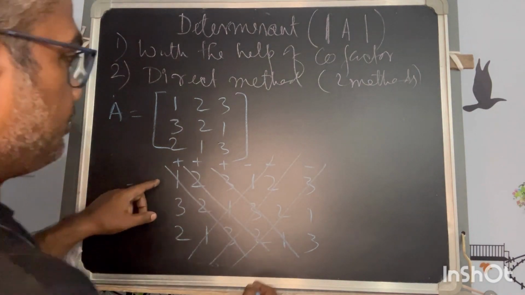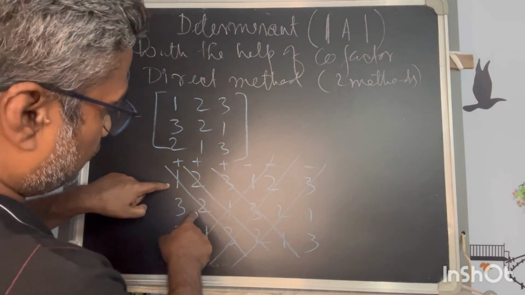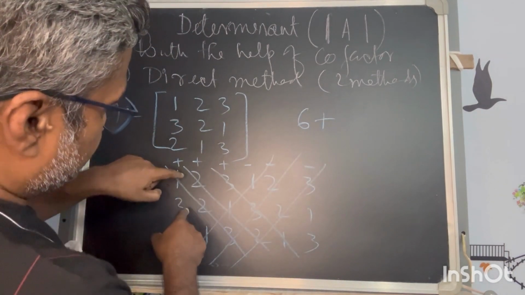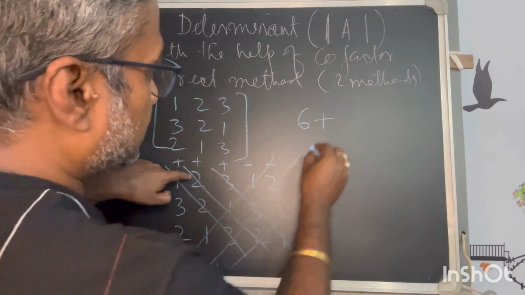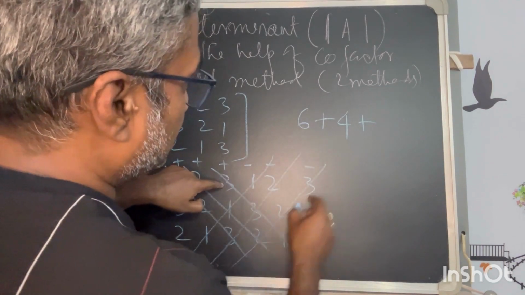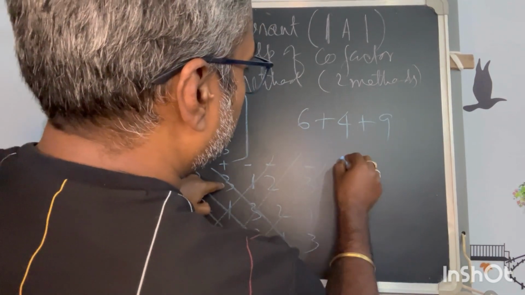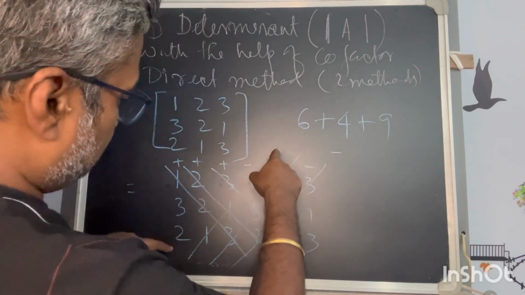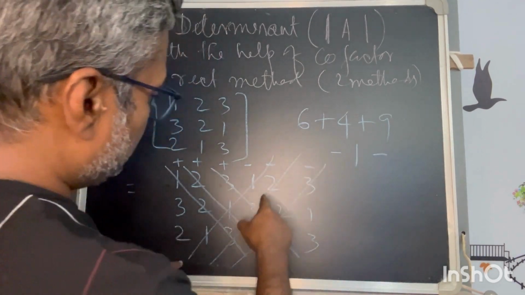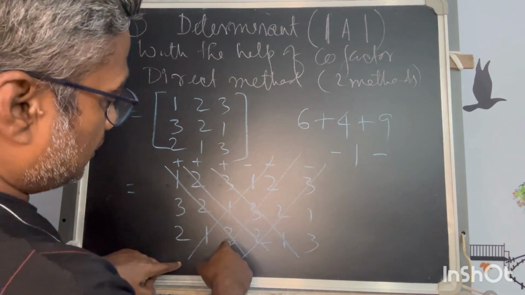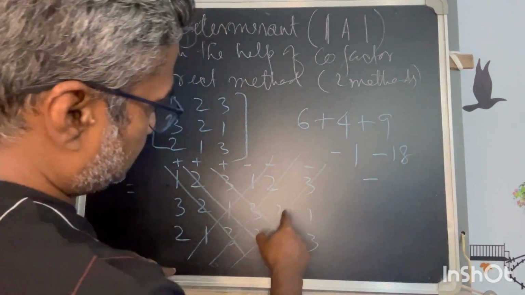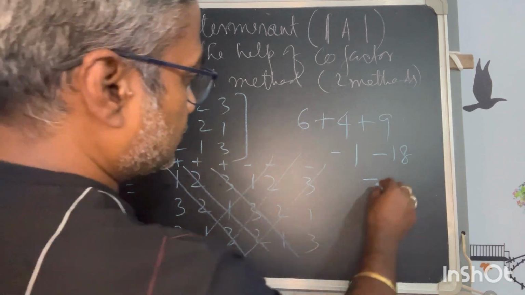So let me count: 1 into 2 into 3 is equal to 6, plus the second, 2 into 1 into 2, that is equal to 4, plus 3 into 3 into 1, that is equal to 9. All over, minus the other way: 1 into 1 into 1 is 1, minus 2 into 3 into 3, that means 3 is 9, 2 is 18, then minus 3 into 2 into 2, that is equal to 12.